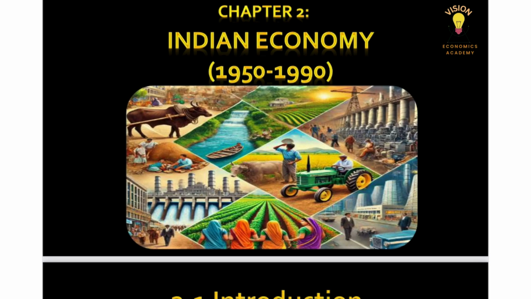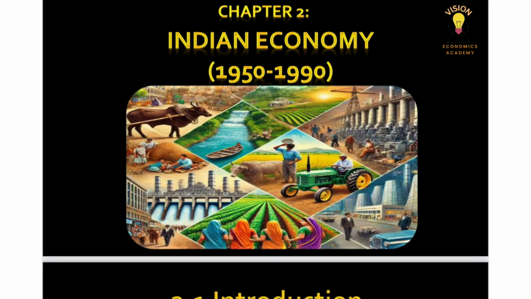So this period from 1950 to 1990 was crucial in shaping India's economic foundation. As the country adopted 5-year plans, introduced state-led industrialization and aimed for self-sufficiency, key decisions determined its growth trajectory.